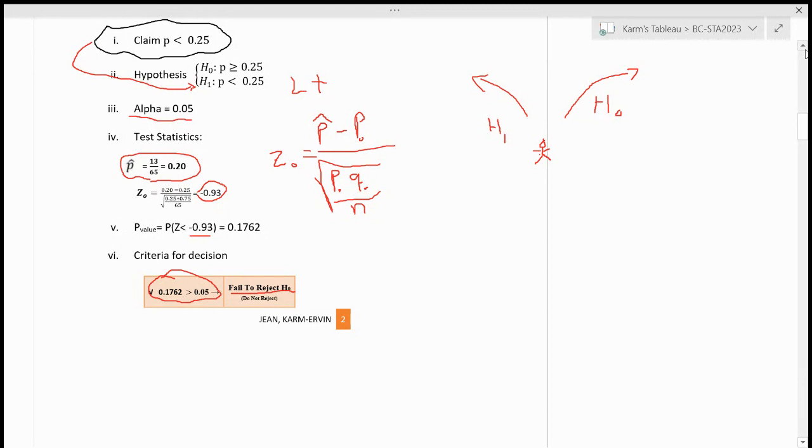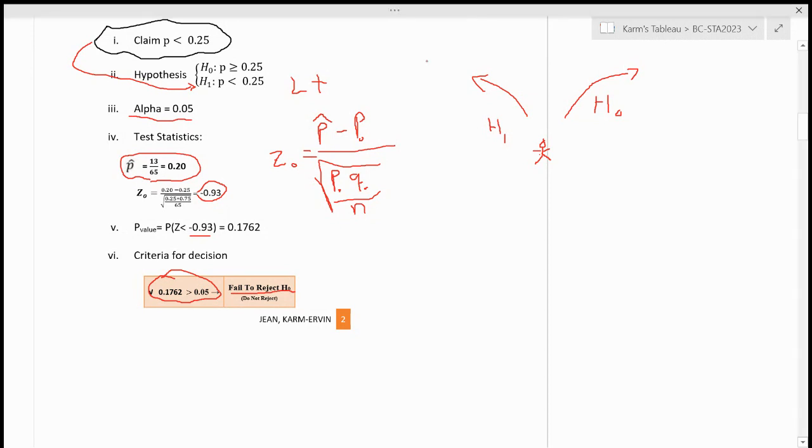If you go toward H1, that means we have evidence for the claim. If you say toward H0, that means we have no evidence for the claim.